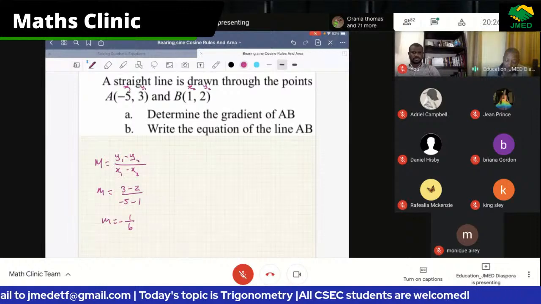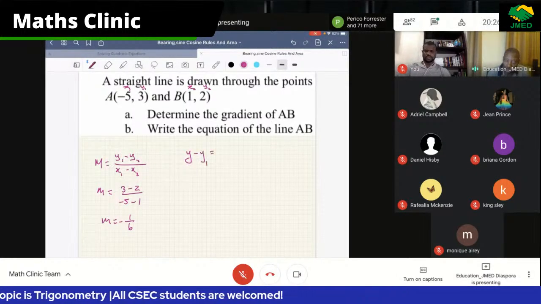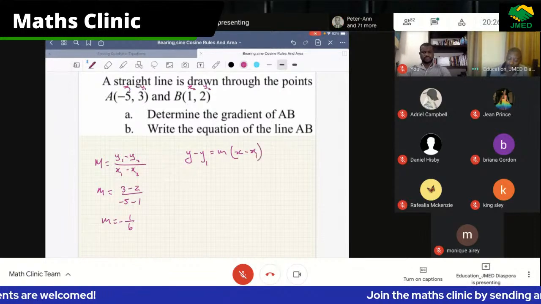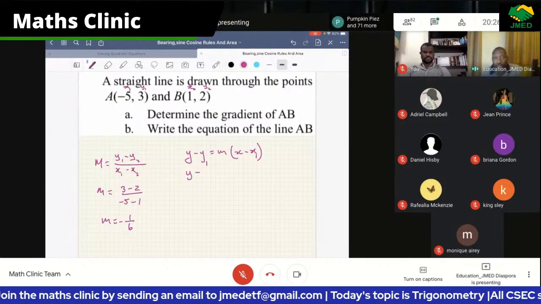Now, if we've got m as that, remember the formula we used? y minus y1 is equal to m into x minus x1. Good? This works all the time. So we're going to have our y. Select any of the points that you want to use, either A or B. Which one do you want to use?